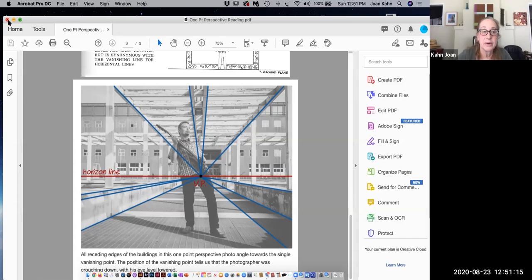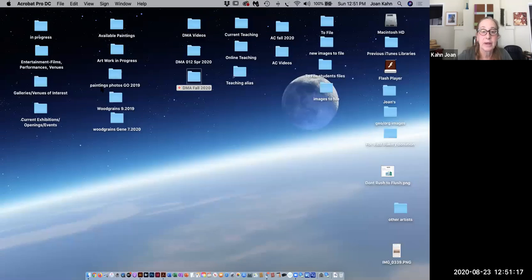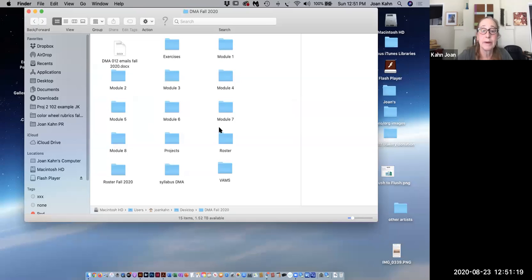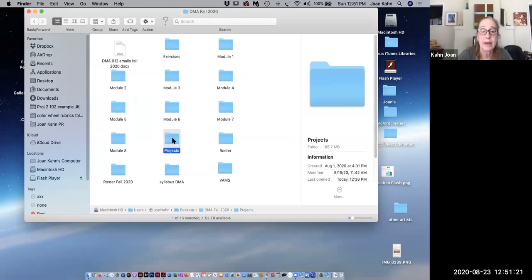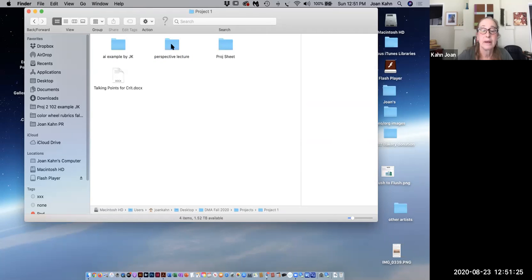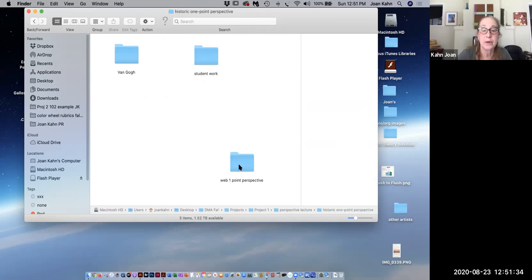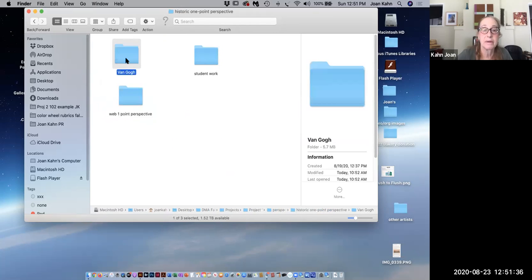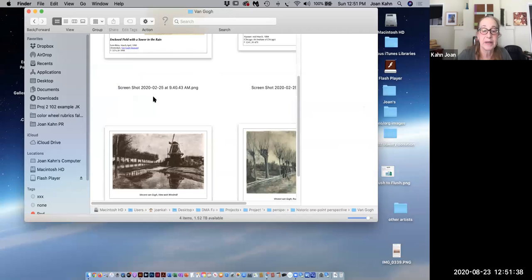Okay, so I am going to go back into project one here and show you a few examples of famous artists' work that used 1 point linear perspective.